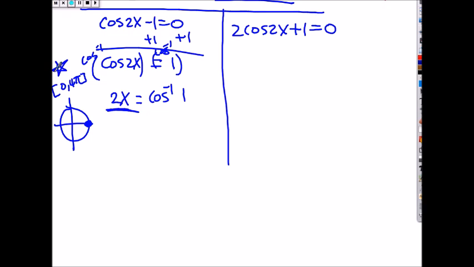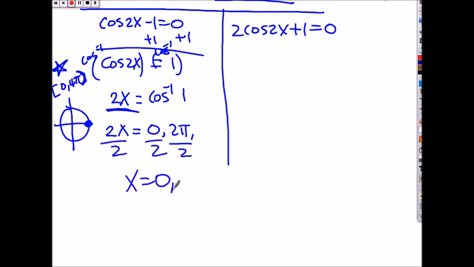So now, when looking for when cosine becomes 1, it is 2x equals 0, 2 pi. And it's actually excluding 4 pi, so you don't have to put 4 pi. So now you divide by 2, x equals 0 and pi. And here, move 1.